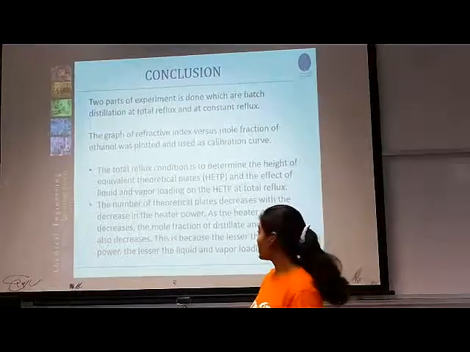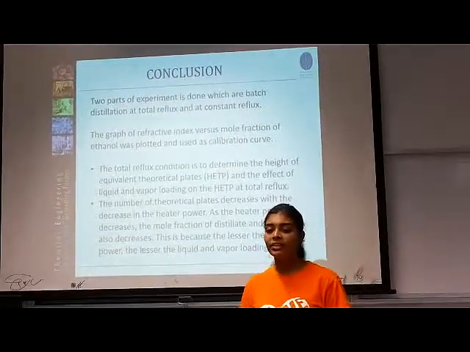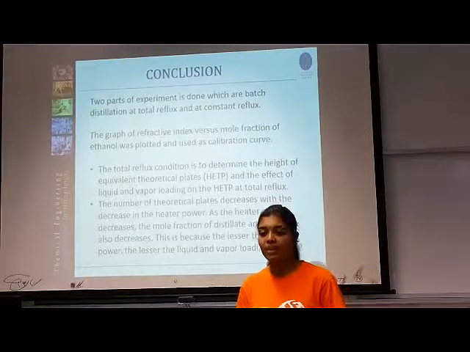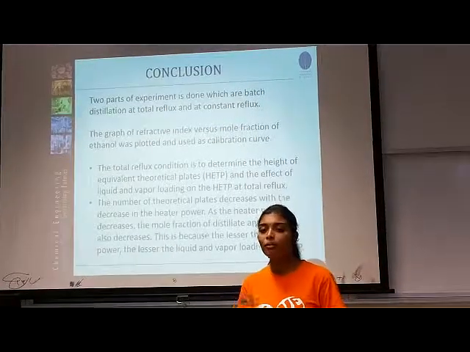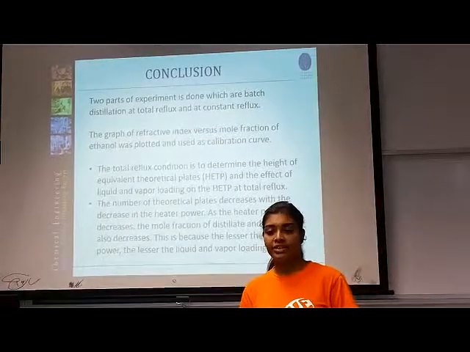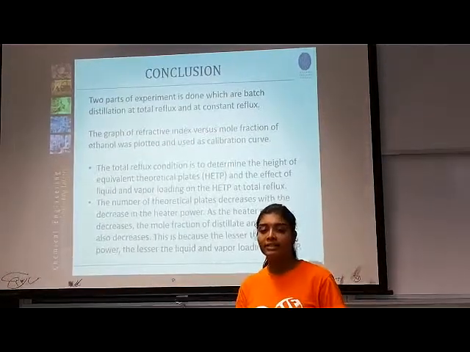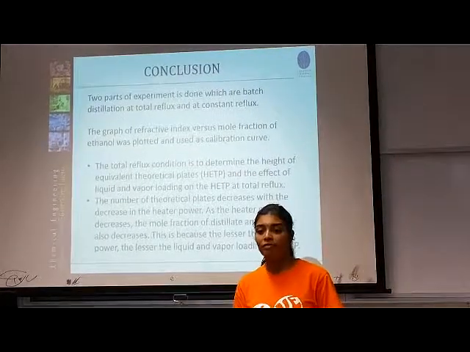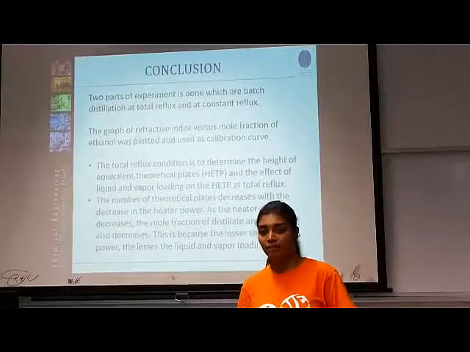The number of theoretical plates decreases with the decrease in the heater power. As the heater power decreases, the mole fraction of distillate and bottom also decreases. This is because the lesser the heater power, the lesser the liquid and vapor loading on HETP.